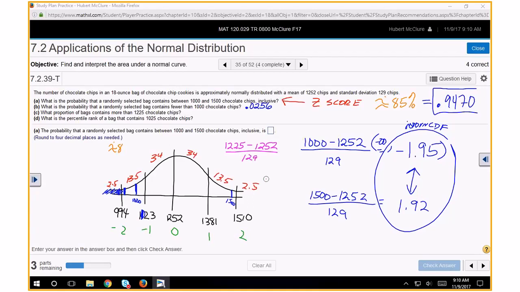Somebody give me that z-score. 2 digits. It says more than, so that means we're going to positive infinity after we get this z-score. What do you get? 2 digits. It's going to be a negative.